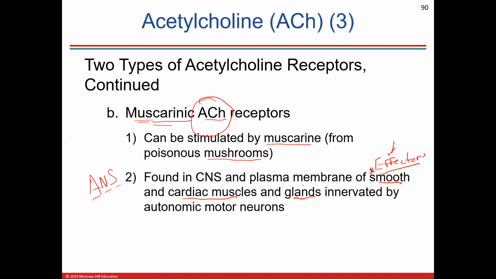Like Yaya said, if the receptor is on the smooth muscle of the digestive system, then acetylcholine is going to be excitatory at that muscarinic receptor. If it's on the heart, the SA node, then it's going to be inhibitory at the muscarinic receptor on the heart.